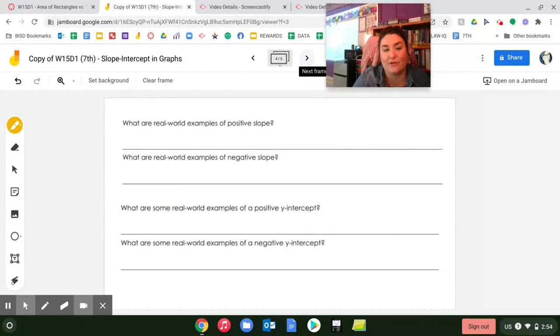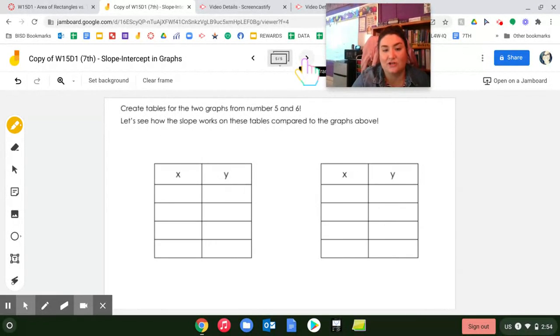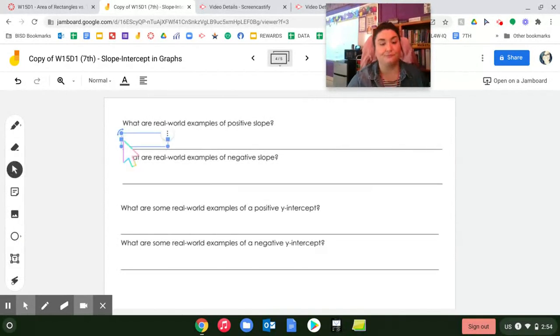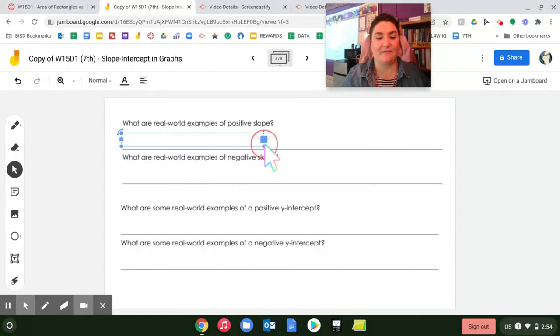The last thing we're going to look at today: we actually didn't get to number 5 and 6 in class, so don't do that yet. But I want you to think of some real-world examples of positive and negative slope and positive and negative y-intercept. I am going to start by giving you some examples from our work from week 14, day 4. I keep referring back to that because that lesson is so good for you to understand what slope is and what y-intercept is.